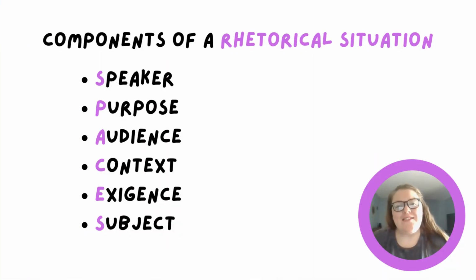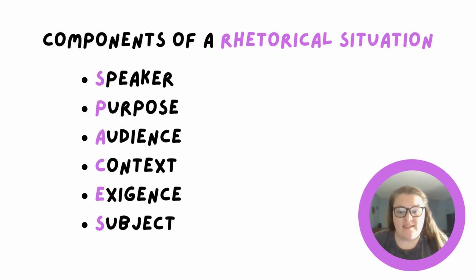And every rhetorical situation has distinct components. I use the acronym SPACES to help myself remember them. Let's go through them. First, there's the speaker, or in most cases, the writer, and that speaker has a purpose or what they're hoping to accomplish with their text. The audience is who the message is directed at or who is intended to carry out the purpose.